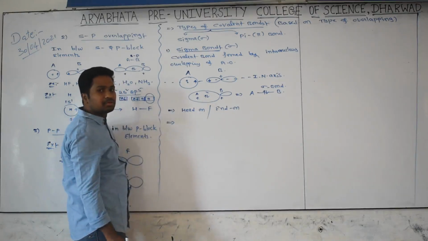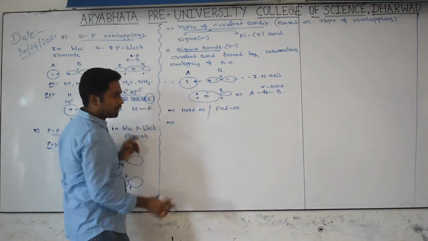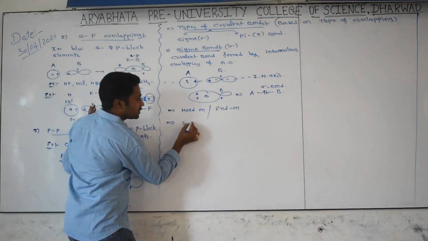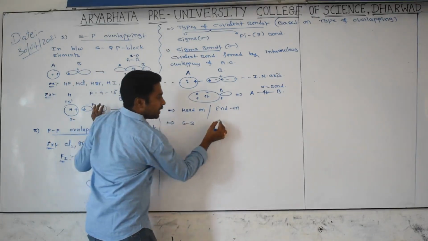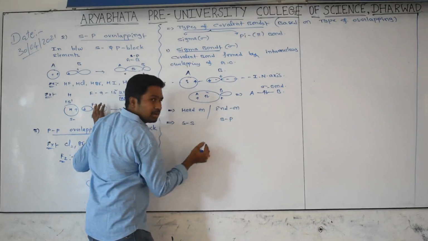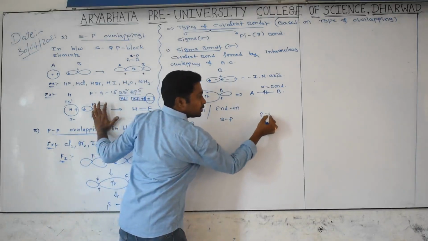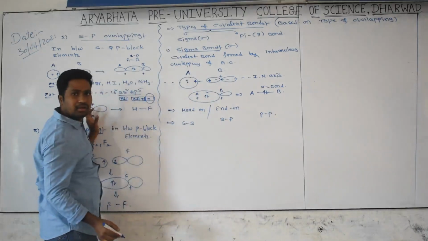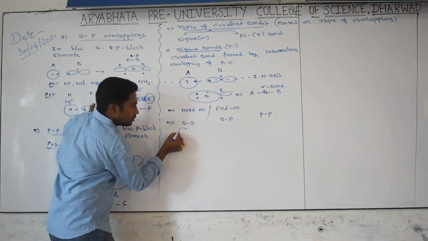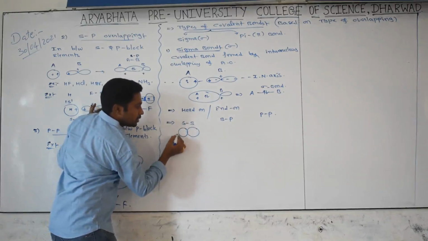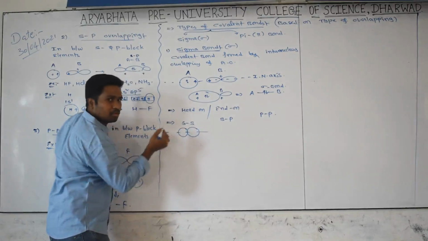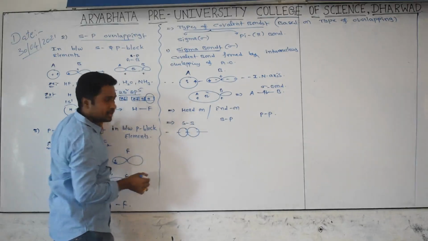This sigma bond is formed by three types of overlapping. One is s-s overlapping, which gives a sigma bond, and s-p overlapping gives a sigma bond, and p-p overlapping also gives a sigma bond. Sir, how? Yes, an s orbital is like this, and one more s orbital is like this. Through the internuclear axis, overlapping happens and we get a sigma bond.